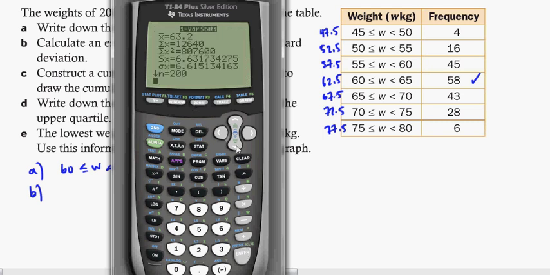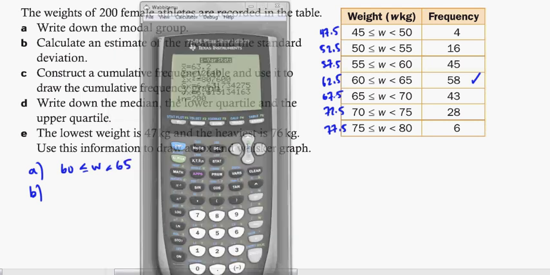They want the mean. The mean is right here, x with the bar over it. That means mean. So that's 63.2. And the standard deviation is 6 point. We don't use this one. We use this one right here, 6.62.